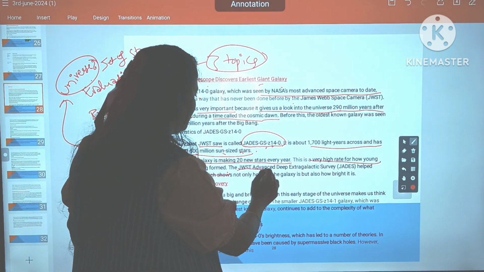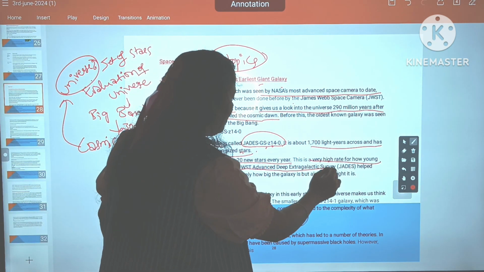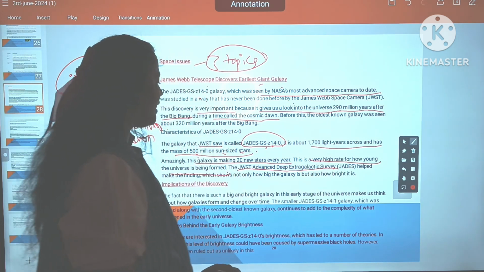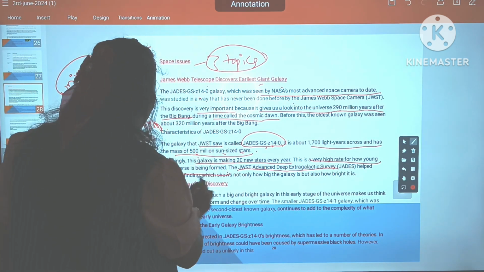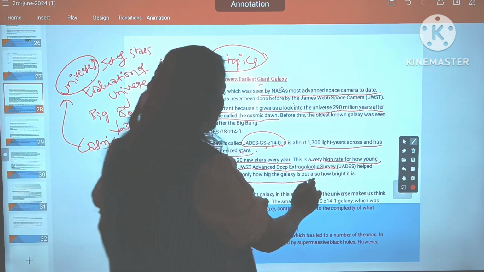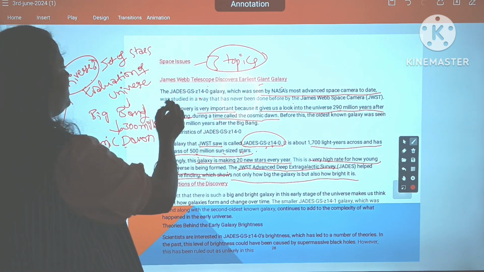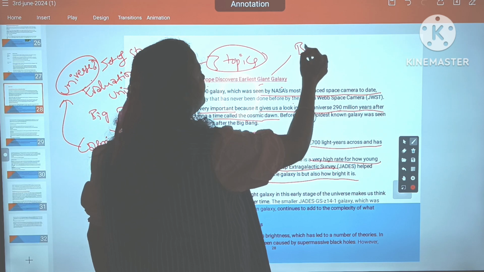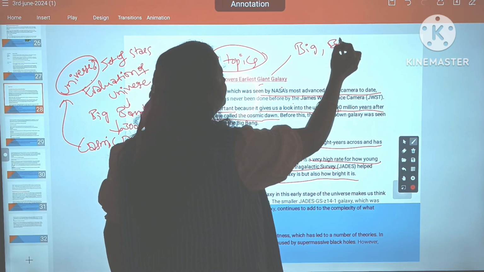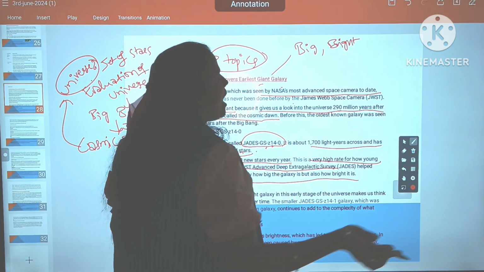The JWST Advanced Deep Extragalactic Survey helped make the finding, which shows not only how big the galaxy is but how bright it is. The galaxy is very big and bright. This you have to remember.